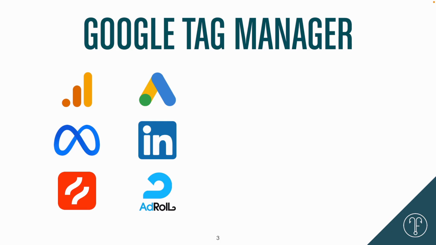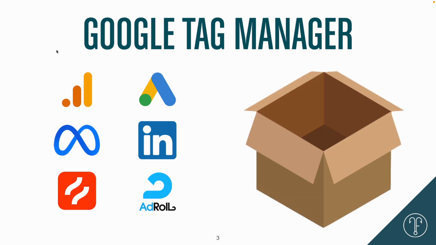Typically when we work with different platforms like Analytics or Meta or LinkedIn or any of these different tools, in order for these to work properly, we have to place some tracking code or some script. Every one of these has some tracking or script that goes along with it to enable these platforms to work properly. As opposed to placing every single tag for every single platform we have on the website directly, we can just place it in Tag Manager, and then it goes in this bucket or this little container here.